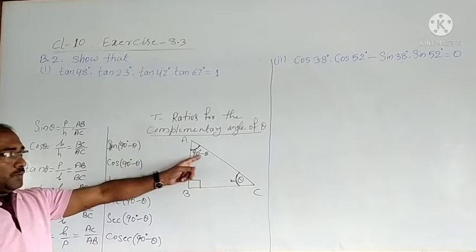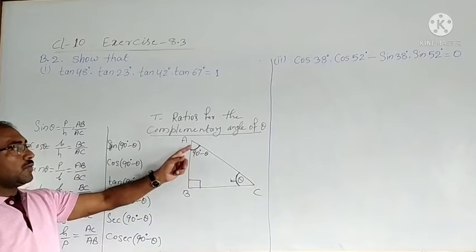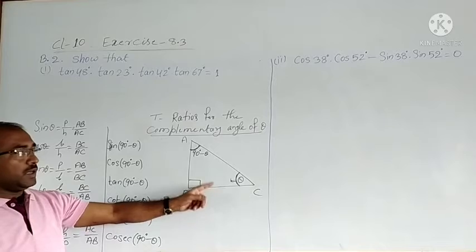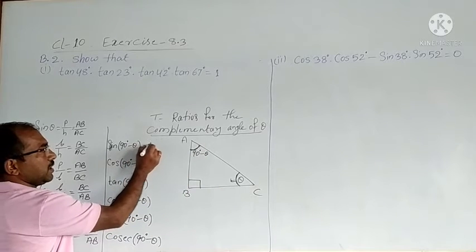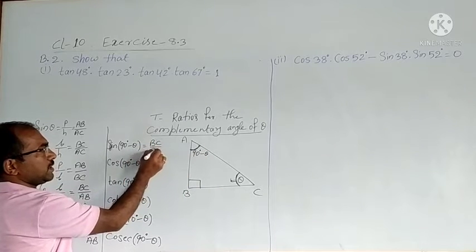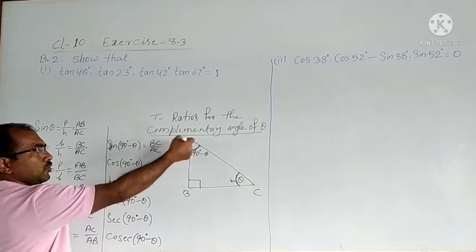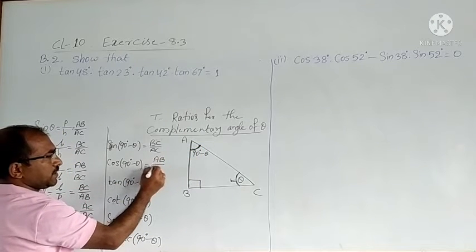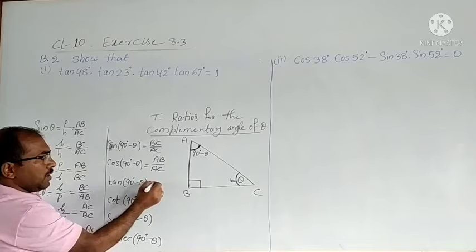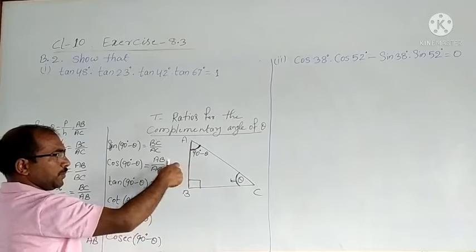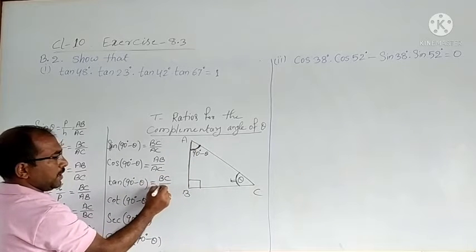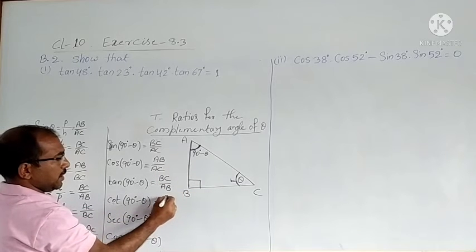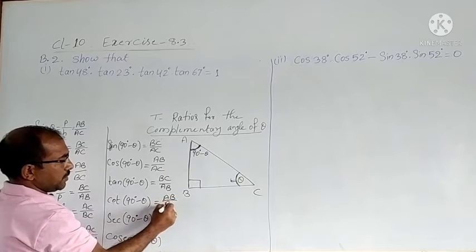But if this angle is 90 minus theta, then for sine 90 minus theta, the perpendicular will be BC and the hypotenuse will be AC. Hypotenuse does not change, so BC by AC. Cos is base by hypotenuse; for this angle, the base will be AB, so AB by AC. Tan is perpendicular by base, so BC by AB, and cot is base by perpendicular, AB by BC.